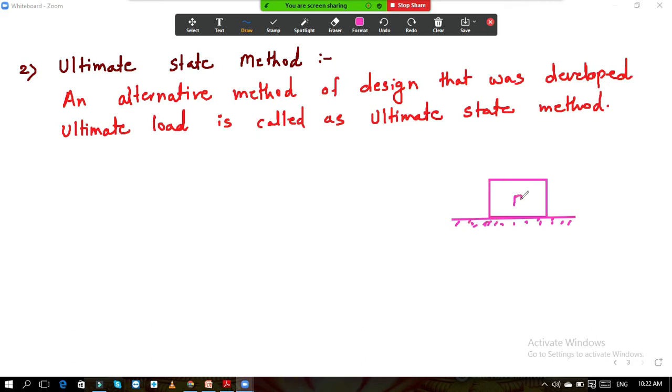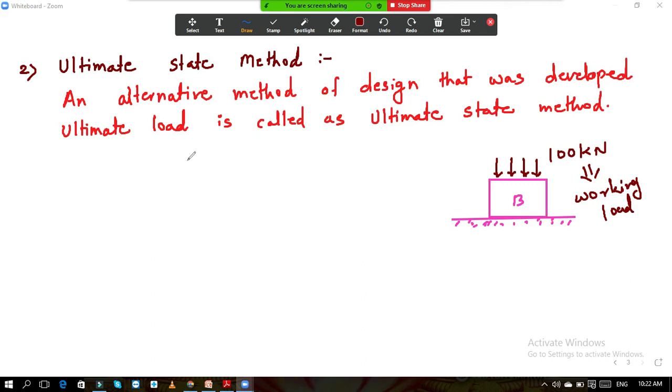Now what is happening in the working stress method? Suppose the forces are acting on this block like this, and we have done the analysis and calculated that these forces are 100 kilonewton. So this 100 kilonewton is nothing but your working load.